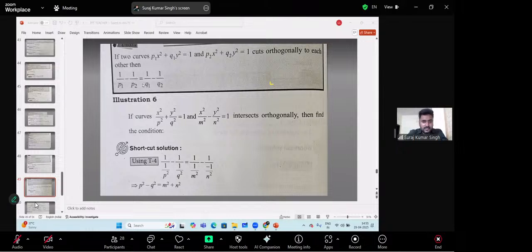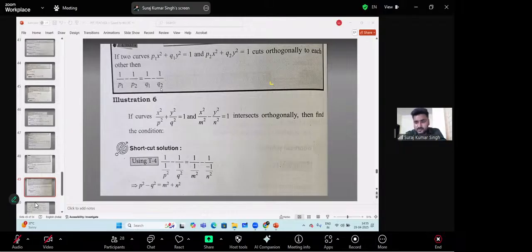So just you see the relation prepared here: 1 by p1 minus 1 by p2 equals 1 by q1 minus 1 by q2. The coefficient of x square is written as 1 by p1 and 1 by p2, is equal to the coefficient of y square, 1 by q1 and 1 by q2.